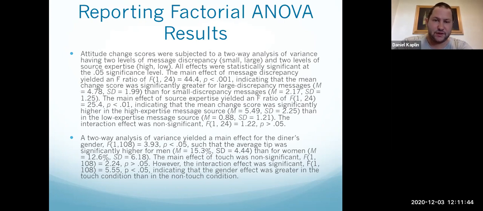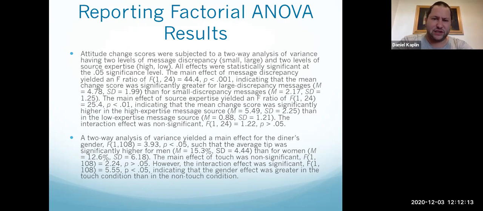Attitude change scores were subjected to a two-way analysis of variance, having two levels of message discrepancy, small or large, and two levels of source expertise, high and low. All main effects were statistically significant at the 0.05 significance level, right? So that's generic. And so now you know they're going to use greater than or less than, rather than their specific p-values, right?